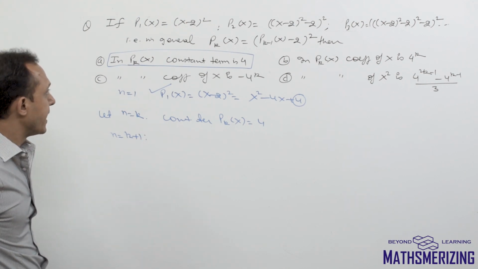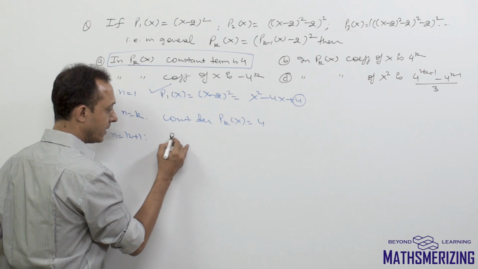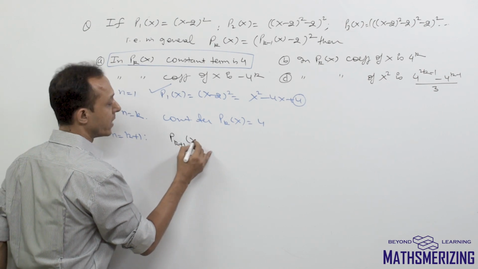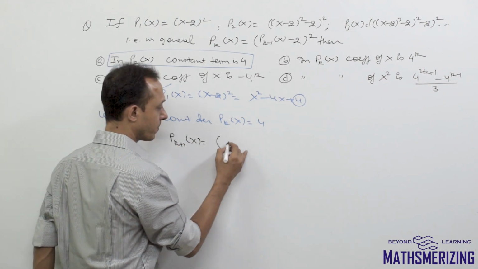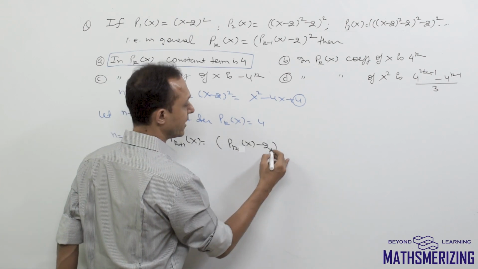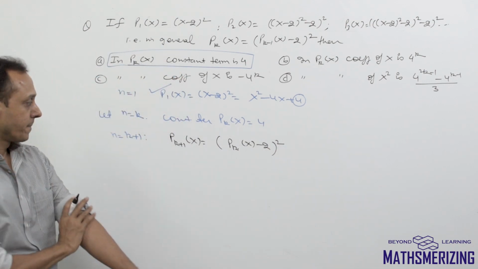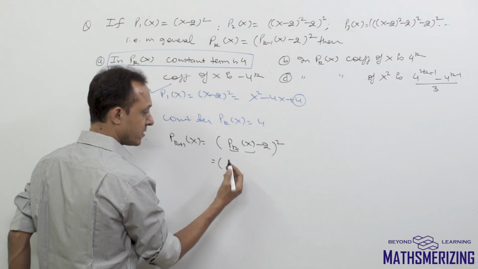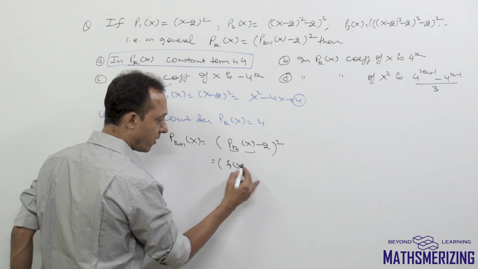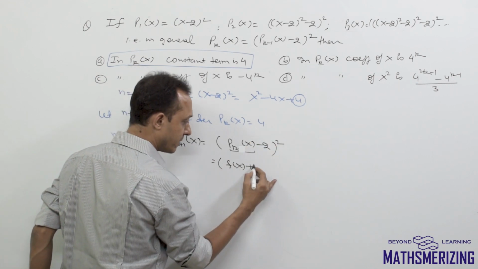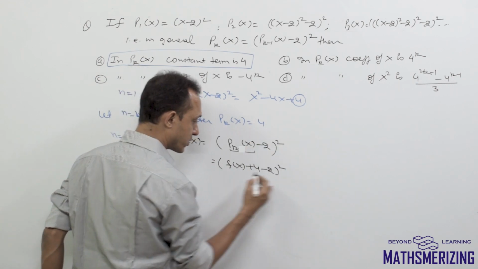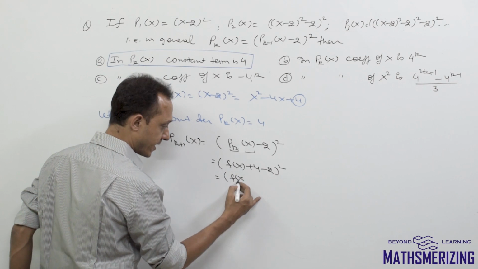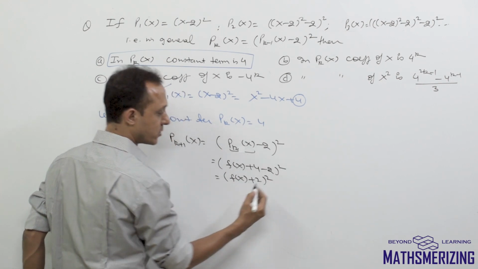Now for n equals k plus 1, if I write p(k plus 1)(x), I know that it is pk(x) minus 2 and then whole square. So for this pk(x), it will be some polynomial function of x and its constant term is simply 4, and then minus 2 whole square. So it will be f(x) plus 2 whole square.